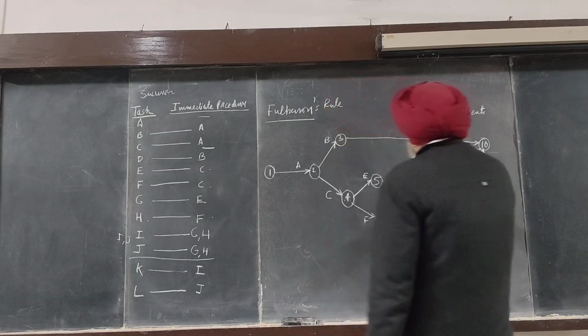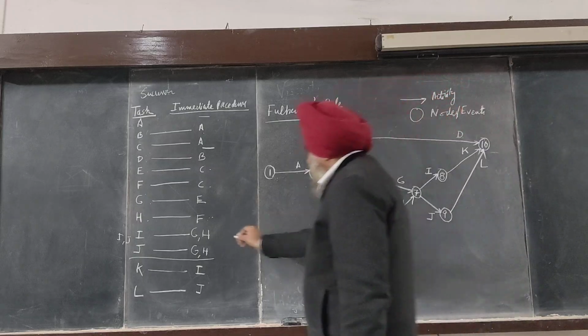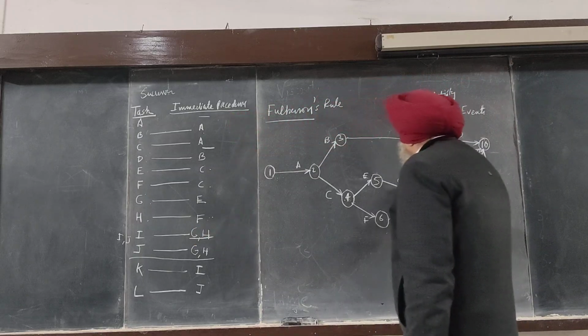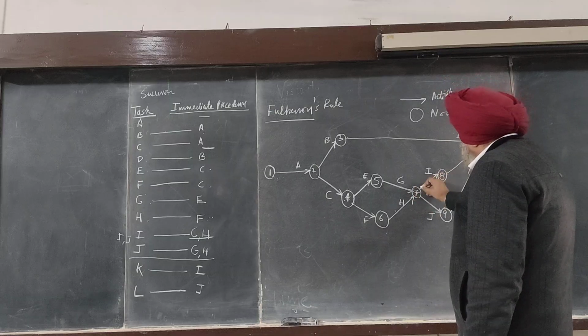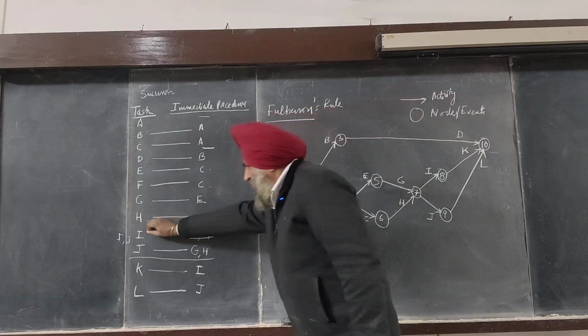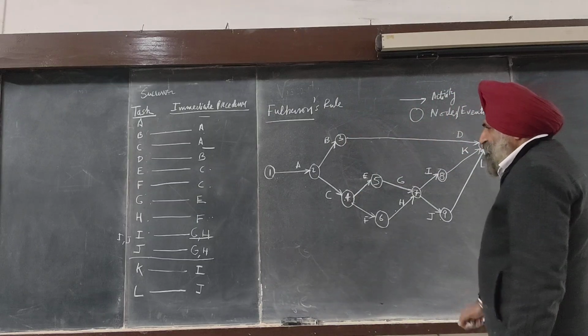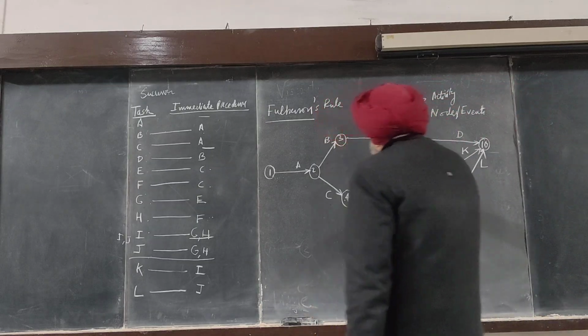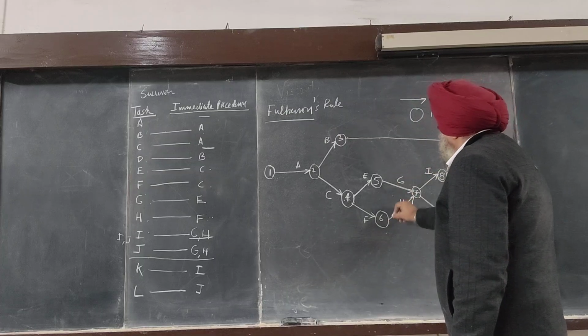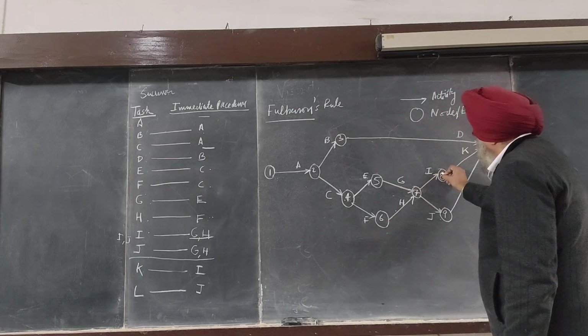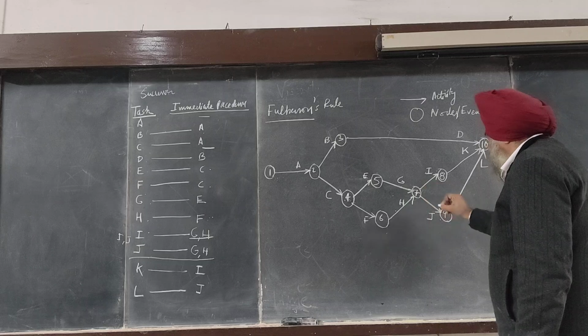Then from G and H, two activities merge here, and I and J come out of that. This is the task which has to be completed. There are two predecessor activities G and H, and two activities, I and J, are coming out.